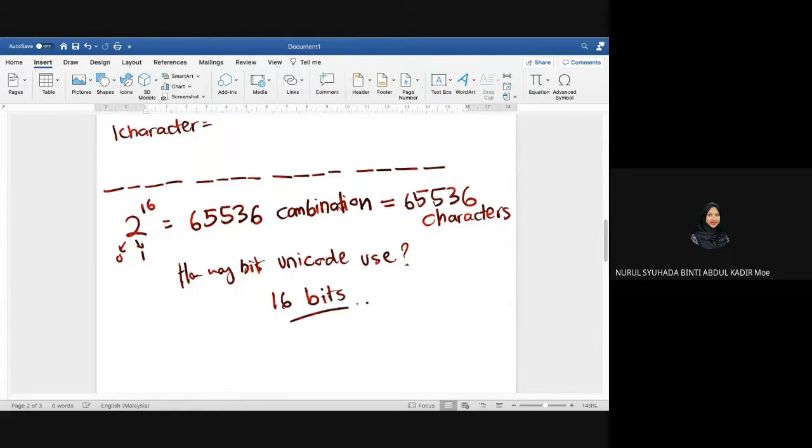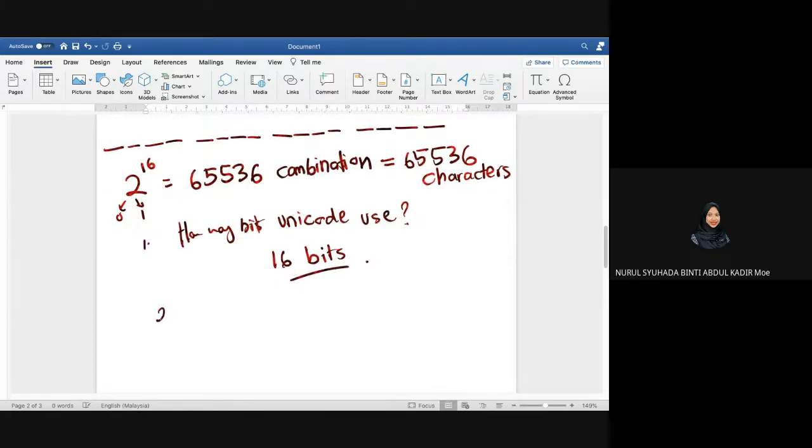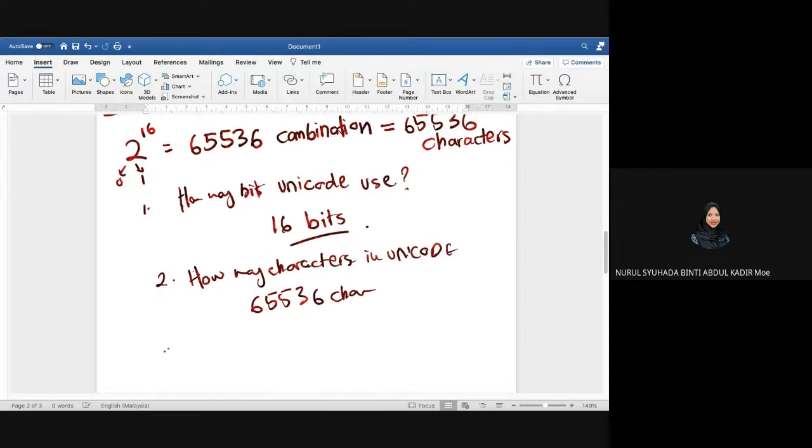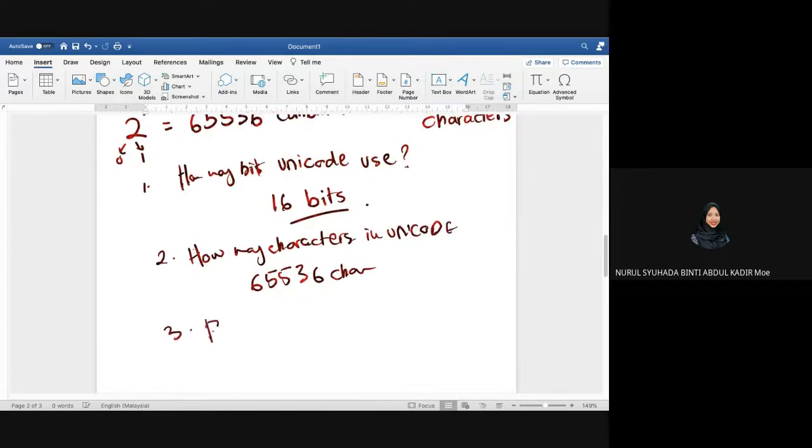If they ask question 2, how many characters can we make? 65536. Thank you very much. Yes, 65536 characters in Unicode. And then the third one, how many range values? If they ask range value, you start from 0, so 0 to 65535. There is no character count, just the value 65535.